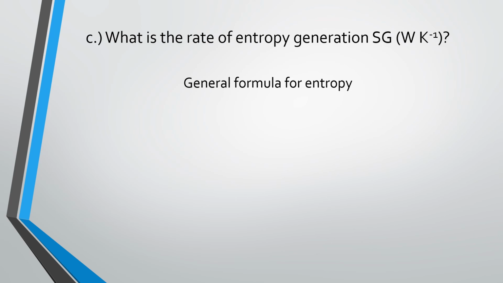For letter C, what is the rate of entropy generation, Sg, with the units of W per Kelvin? The general formula for the entropy of an ideal gas is equal to the summation of mole fraction multiplied by the entropy changes of an ideal gas, subtracted by the ideal gas constant multiplied by the summation of the mole fraction of the gas multiplied by its natural logarithm.